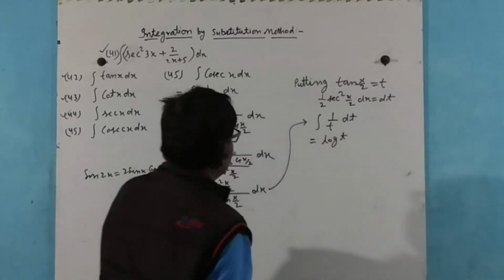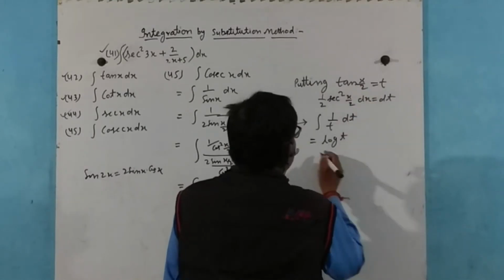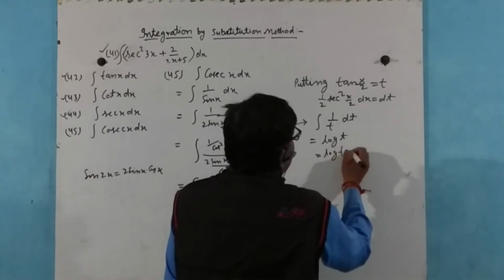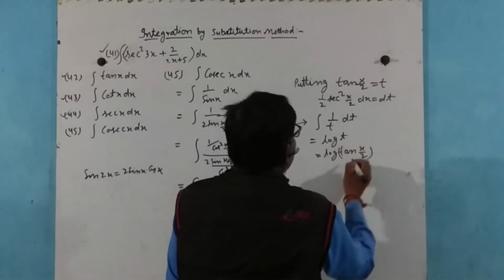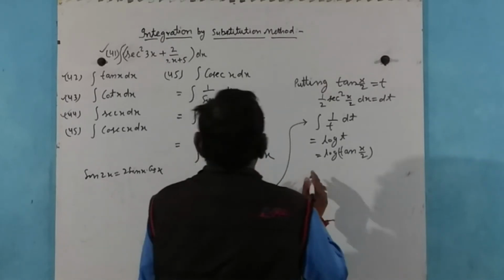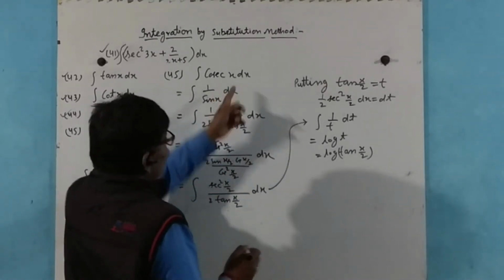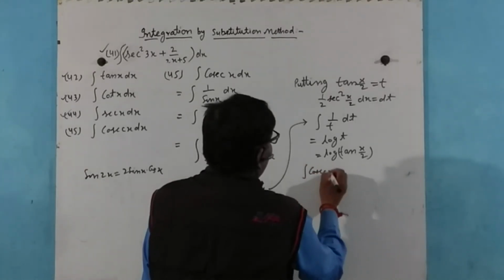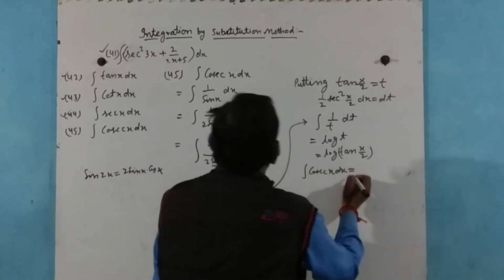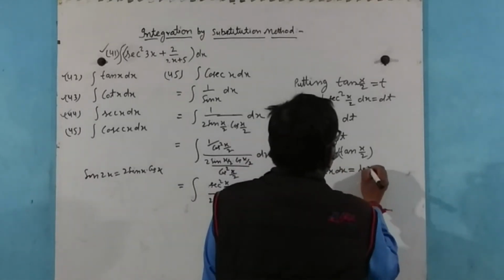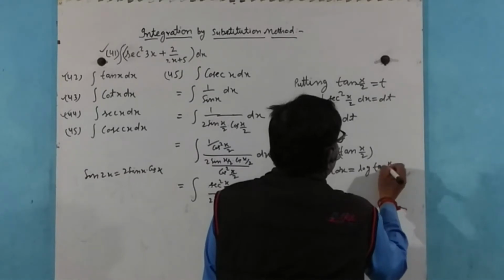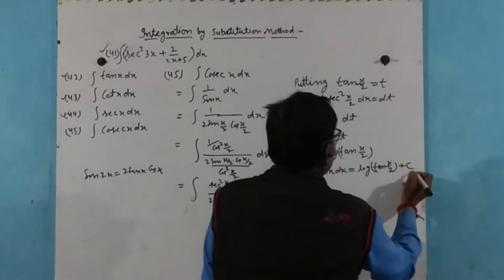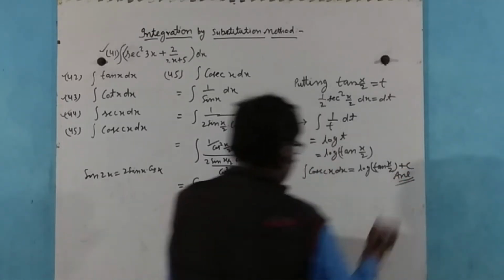Putting the value of t equal to tan x by 2, integration of cosec x dx equals log tan x by 2 plus integrating constant c. This is the answer.